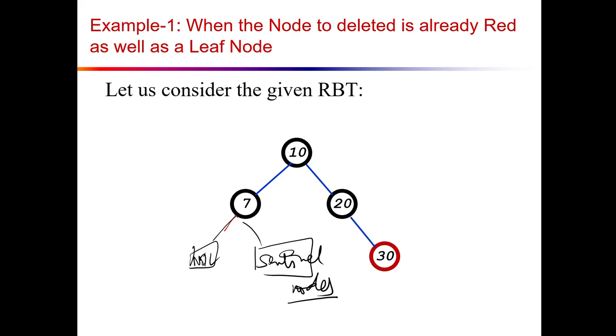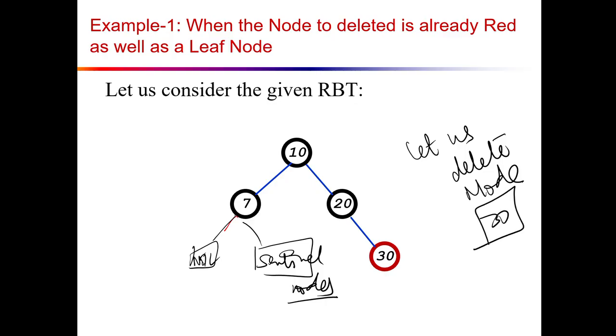So that is already there. Now let us focus on the important property that 10, which is the root, is black in color, 7 is black, 20 is black, and 30 is black. Now let us try and delete node 30.